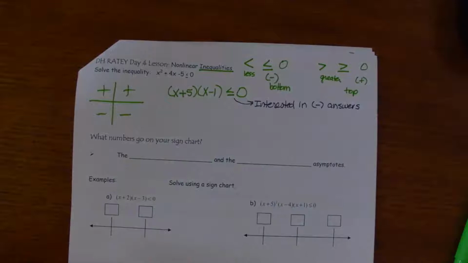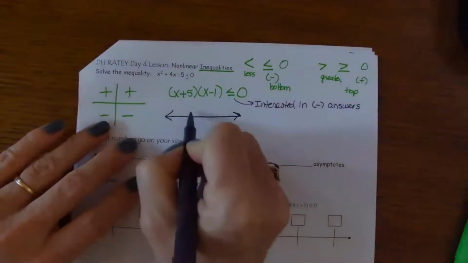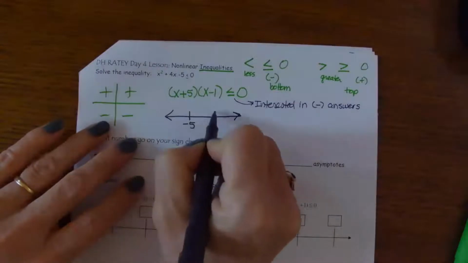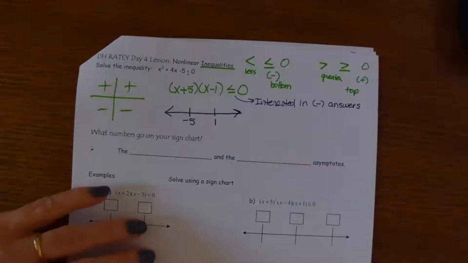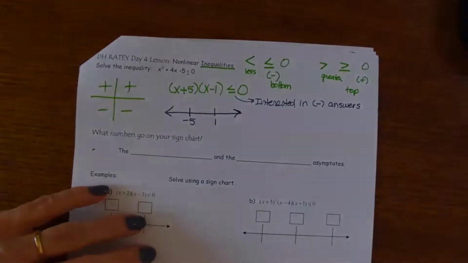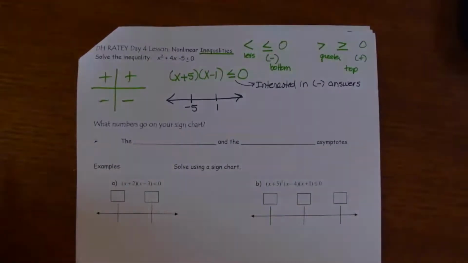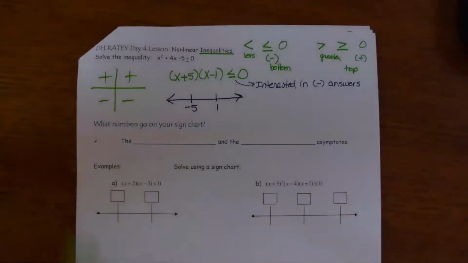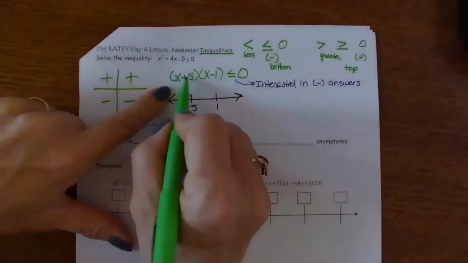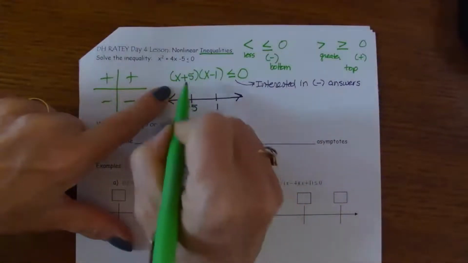Then you're going to place it on a sign chart. And we've been doing this with your Rady. And now you're going to plug a number in. When you're in a hurry, a student taking a test or anything like that, what's the easiest number to plug in between a negative and a positive? 0. So if you plug a 0 here, 0 plus 5, and the 0 would be in this area because it's between -5 and 1.